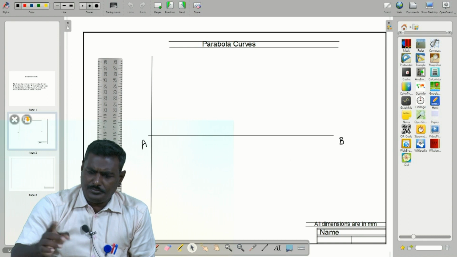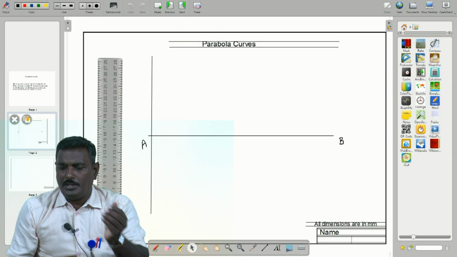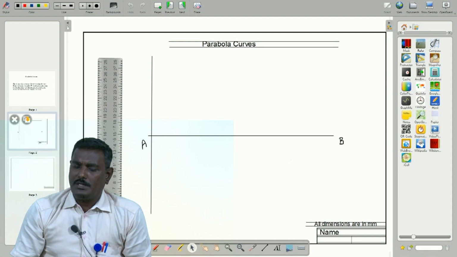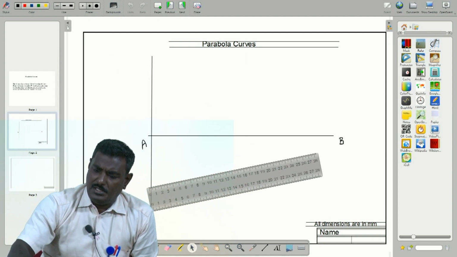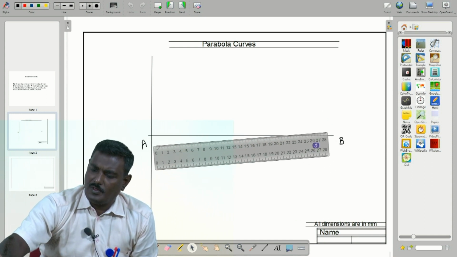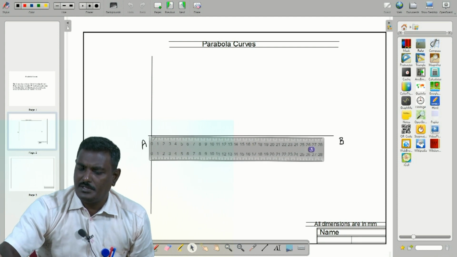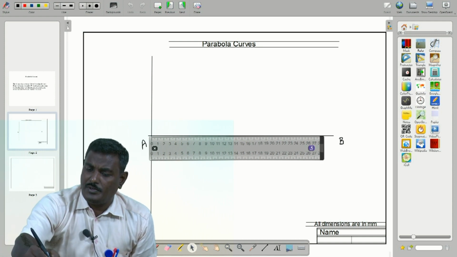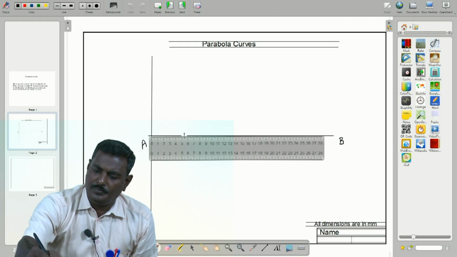In this 11 centimeters, how much is the distance from the directrix to the vertex? You have to mark 55 mm. So we have to place this scale onto this, and mark 55 mm, that is 5.5.